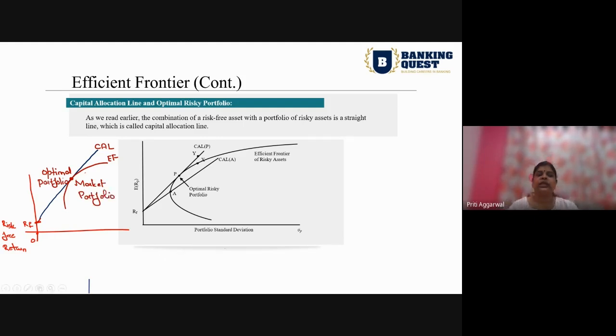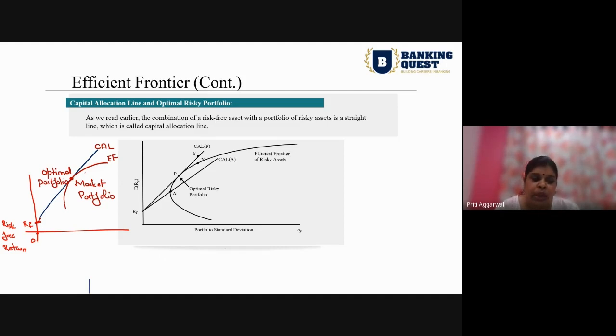Right? So this is very, very important, and this has been explained by Markowitz portfolio optimization theory, which says that if I have n number of portfolios available with me, I will always like to have those portfolios. So in order to have an efficient frontier, I would like to choose those portfolios where the risk level is low and I get the maximum returns, right?